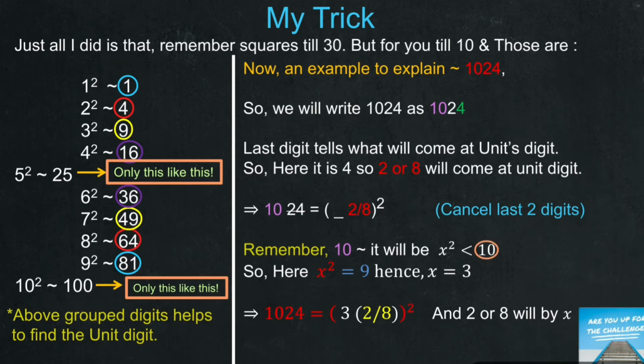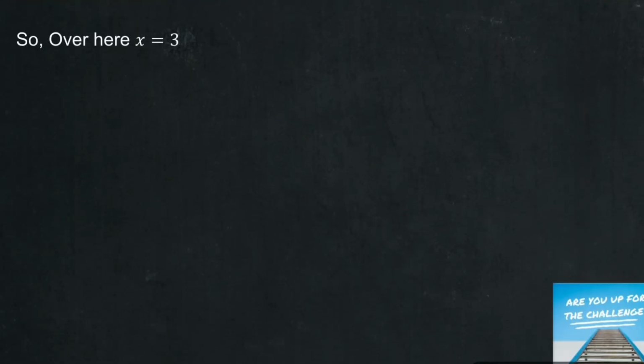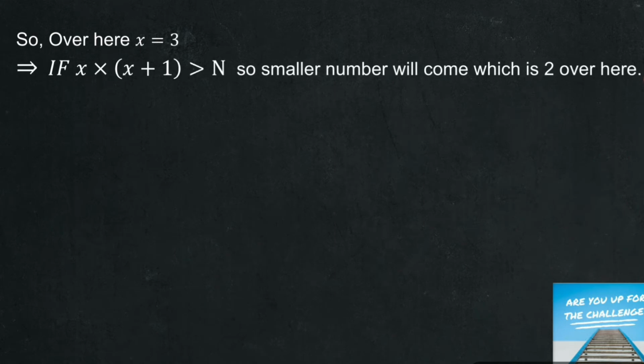So to say that, I'm going to name this 10 as general n, so that a formula is made something like that. So over here x equals 3. If x into x plus 1 is greater than n, then the smaller number will come, which is 2 over here.